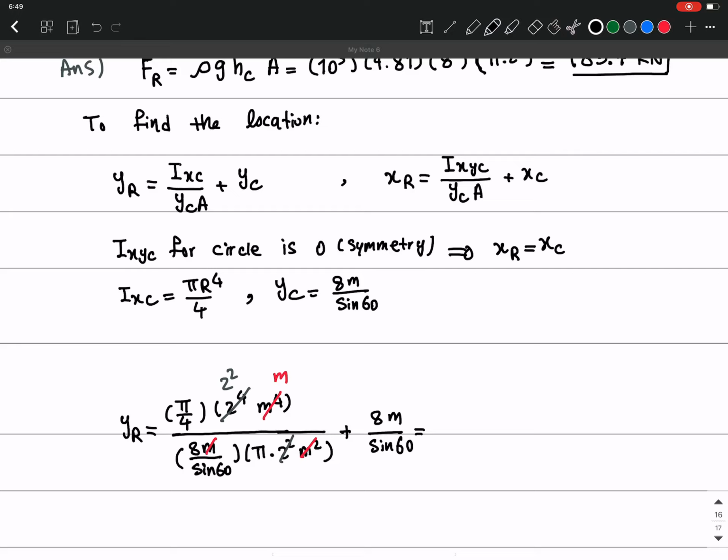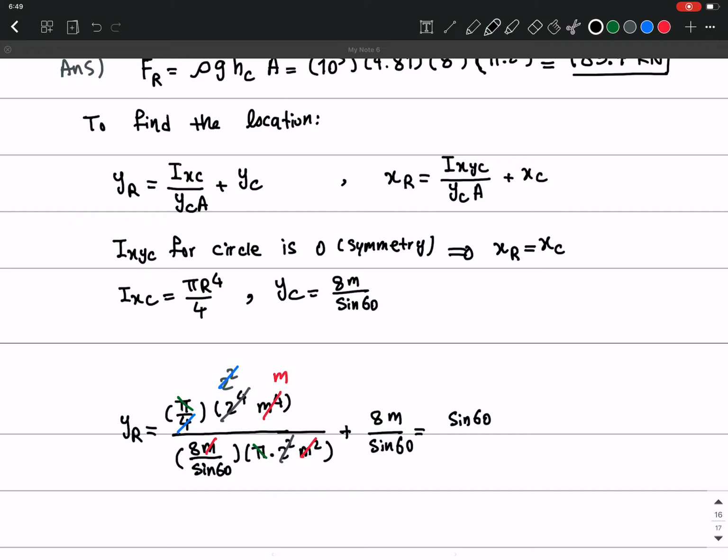Okay, so let's see what we have. We are going to have, and then these two also are going to cancel out, 2 to power 2 and 4. So we are going to have sine 60, and these two also going to cancel out, this pi.